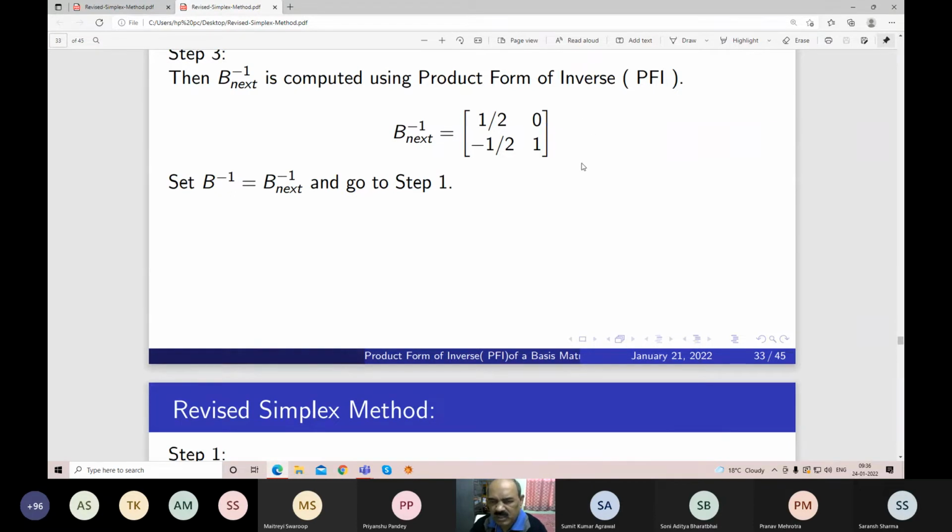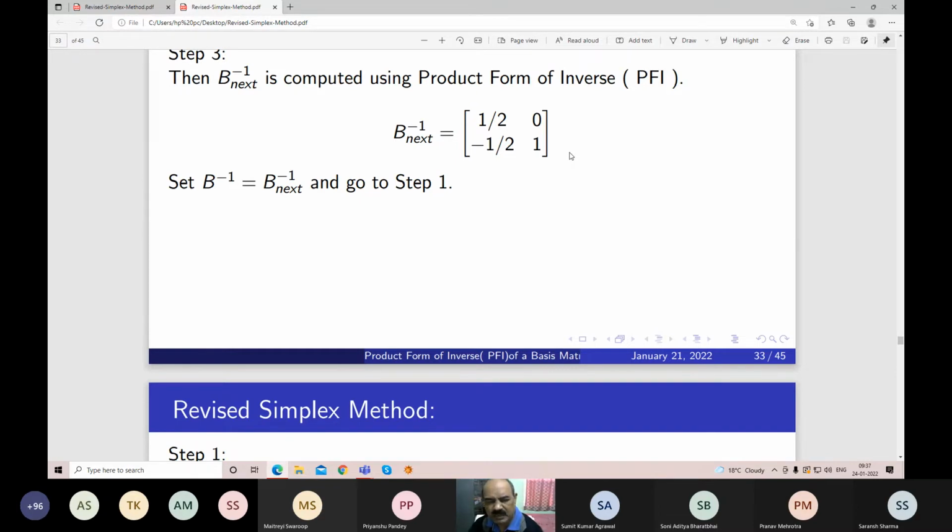One is 7, the other is 3. If you divide by half and 3 by 2, the first element becomes 14, the second element becomes 6. The minimum ratio is 6.